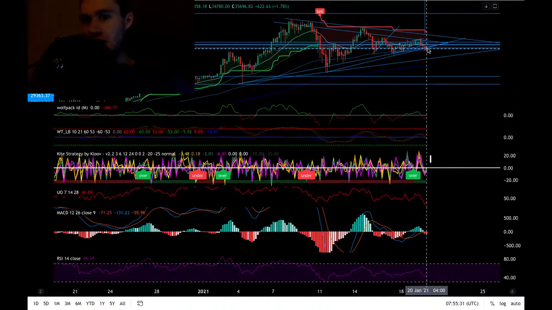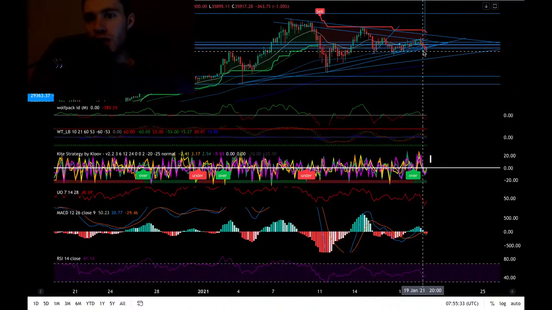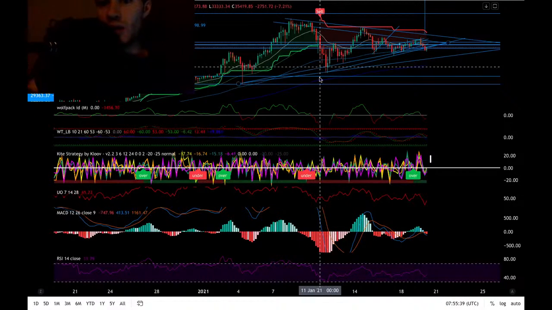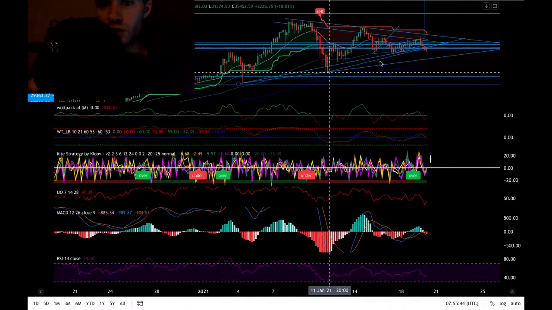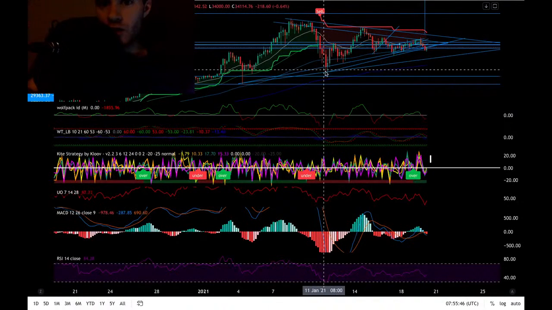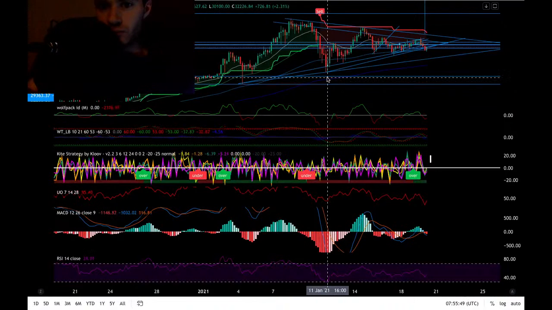But buying a small percentage at these consolidation patterns, at those trend lines, is not a bad idea. Getting a little wick when you're in this consolidation pattern is not a bad idea, potentially. Just like I said, an idea.